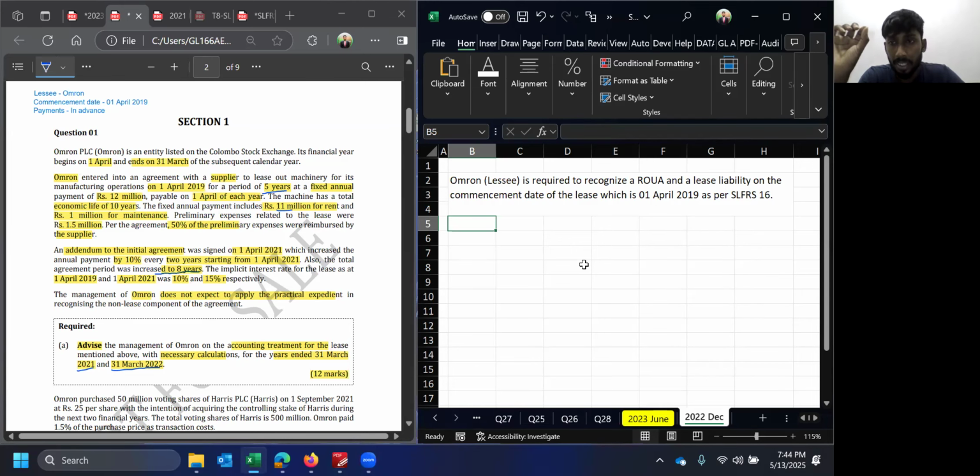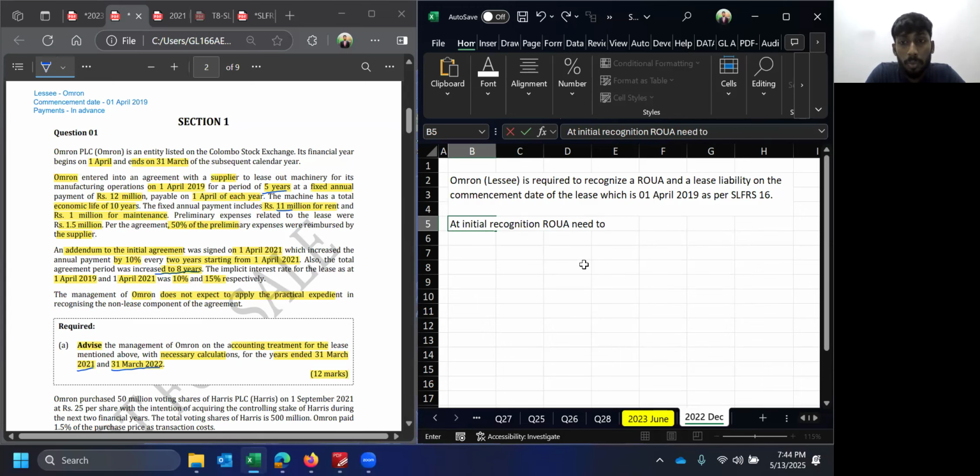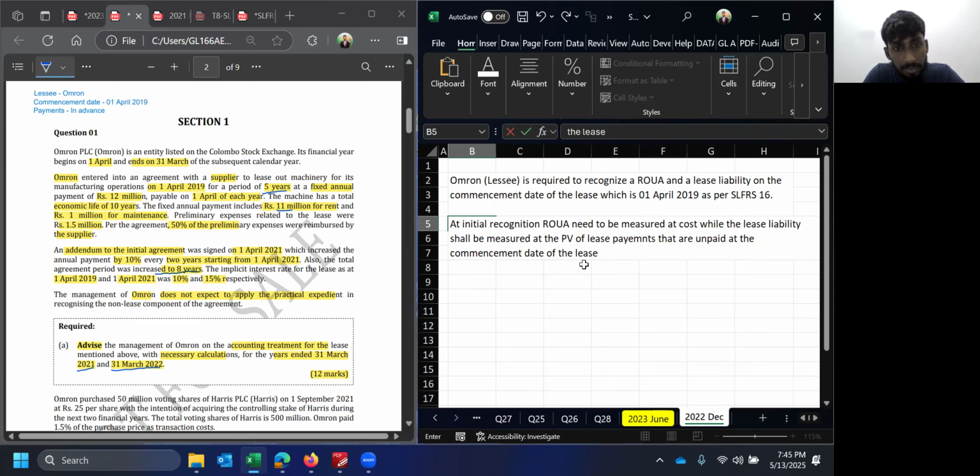Then you need to say at initial recognition, right of use asset need to be measured at cost, while the lease liability shall be measured at the present value of lease payments that are unpaid at the commencement date of the lease.